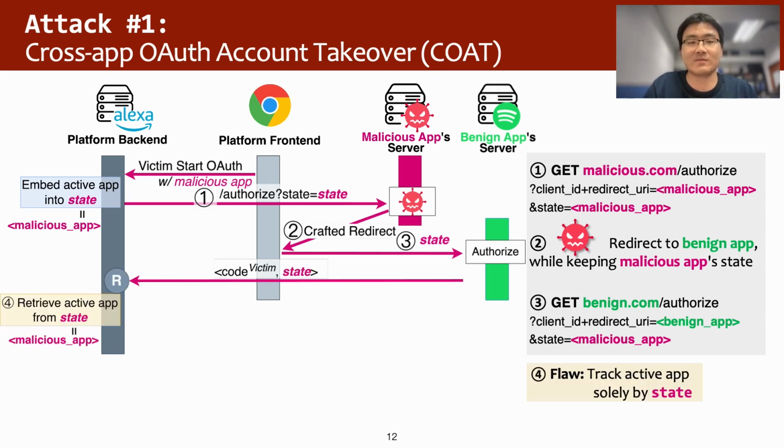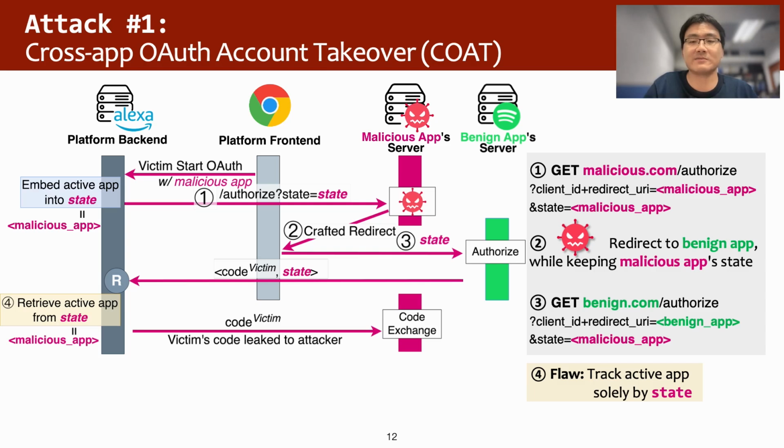But the redirect would keep the malicious app state in the request, such that when the state is returned to the platform backend, together with the auth code, the platform would retrieve the active app information from the state and think that it has always been interacting with the malicious app. And therefore, it would leak the authorization code to the malicious app's token endpoint.